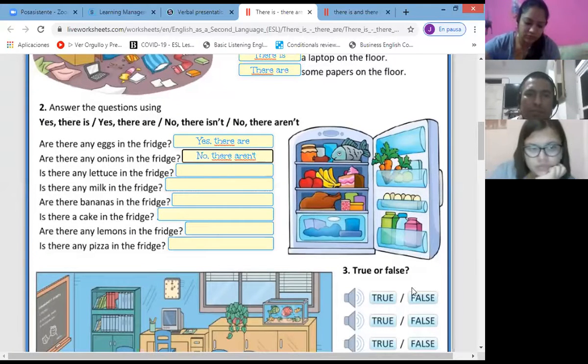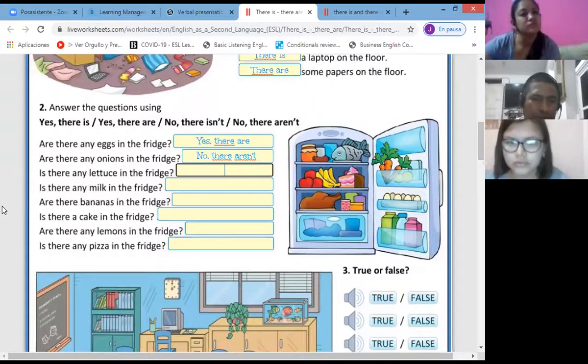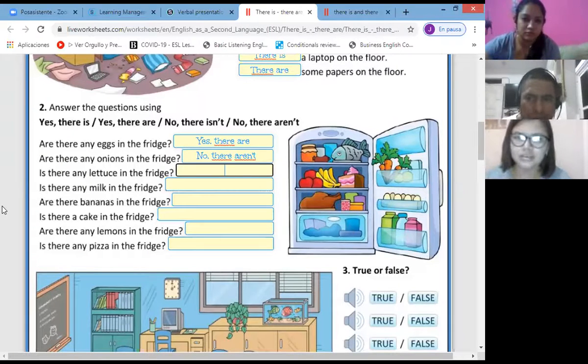No, there aren't. Tanya, is there any lettuce in the fridge? Do you know the meaning of lettuce, Tanya? Lechuga. So, is there any lettuce in the fridge? I don't see. No, there isn't.